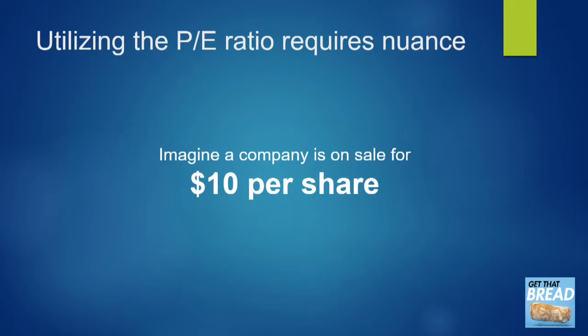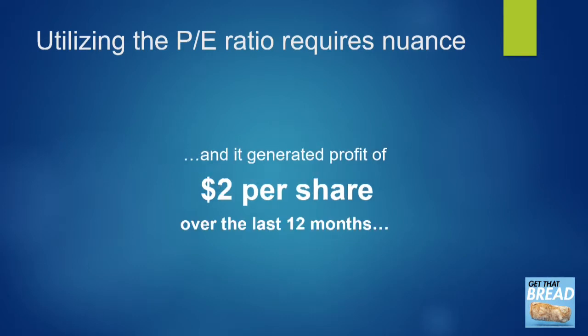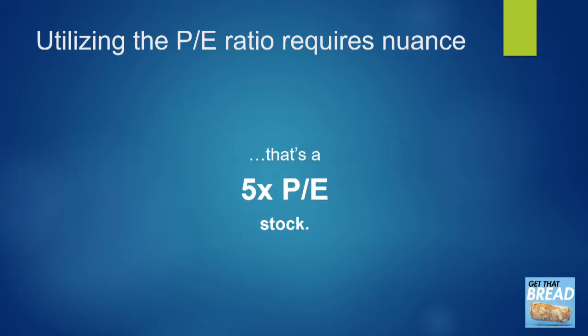If you were to consider a company that's being priced or offered to you for $10 per share, and it generated $2 in earnings over the last 12 months, well, it's being offered to you at a 5 times PE multiple on a historical earnings basis, right? Like we just said in the prior analogy, this looks like a good earnings yield. It's a good rate of return.